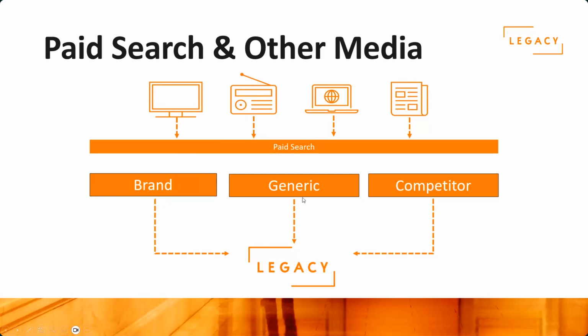So there's brand, generic, and competitor. Obviously, brand is people searching for your brand. Generics, people searching for keywords around your product. Red shoes, non-branded terms. And competitors, obviously, competitor campaigns, and they will interact with your website differently. They will have different conversion rates.